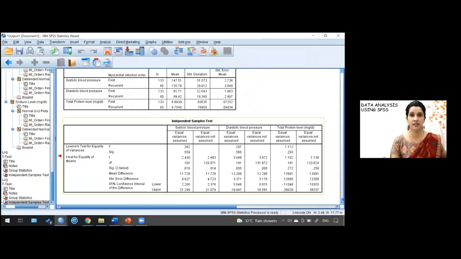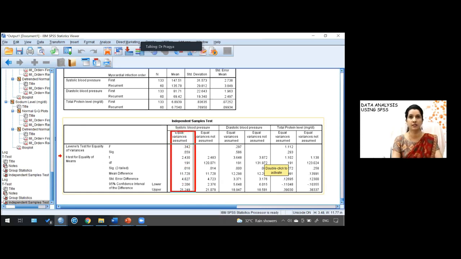So you can see here there are 2 columns, right? So just see it very carefully. There are 2 columns for every continuous variable: equal variances assumed and equal variances not assumed. You have to see the significance value of Levene's test of equality of variances.